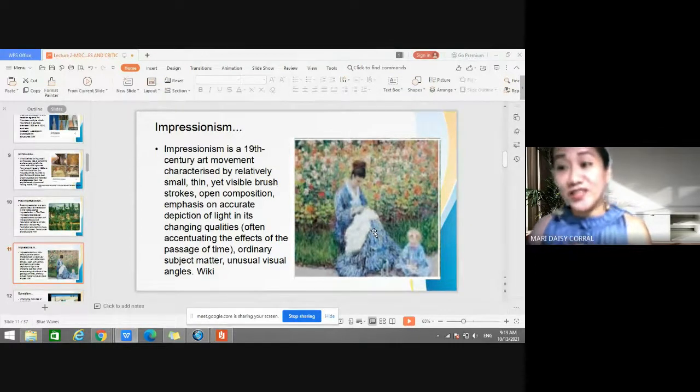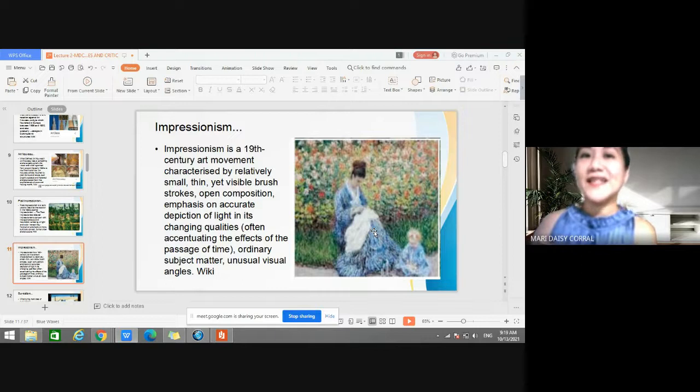This is a picture of a mother and a child. We can see the scene of a mother and a child at home. We can see a mother and a child in school and in the community, and that's an ordinary subject matter. That is the kind of subject that we usually see in impressionist artwork. Okay, and unusual visual angles.